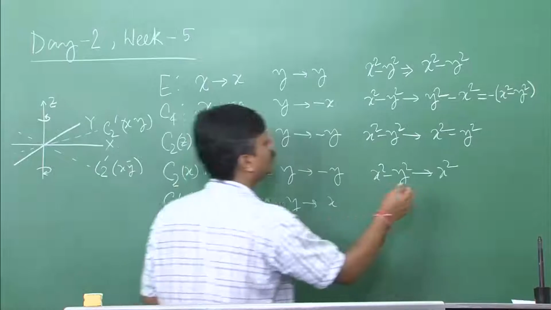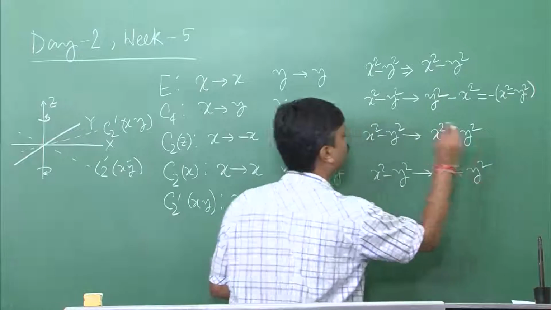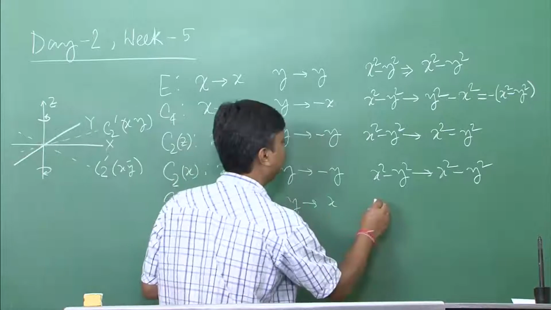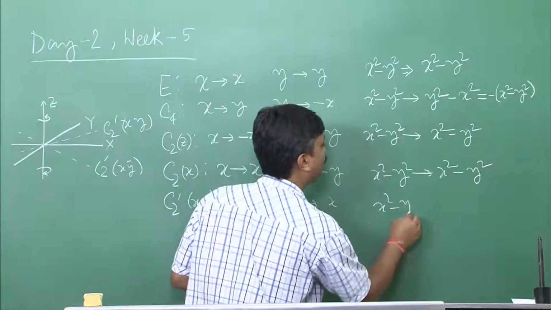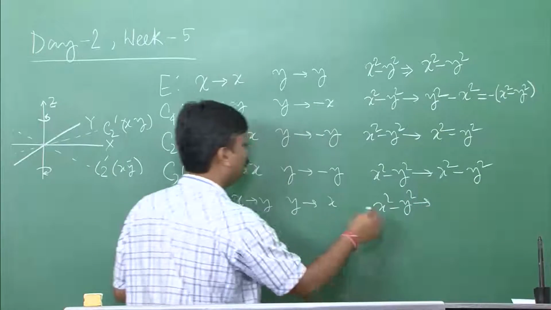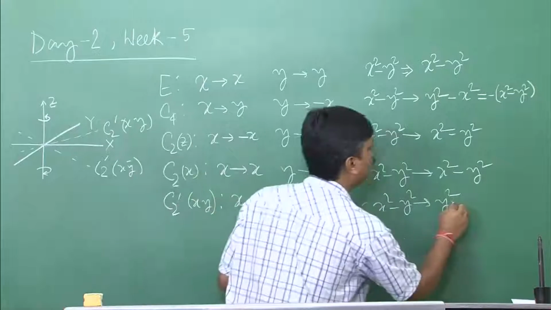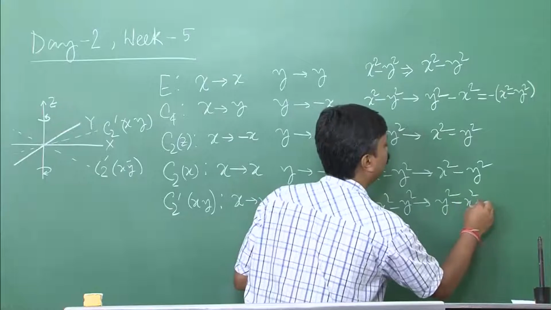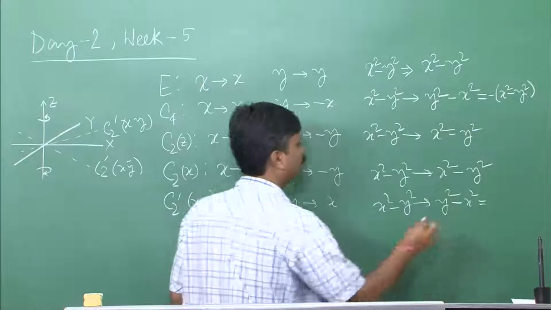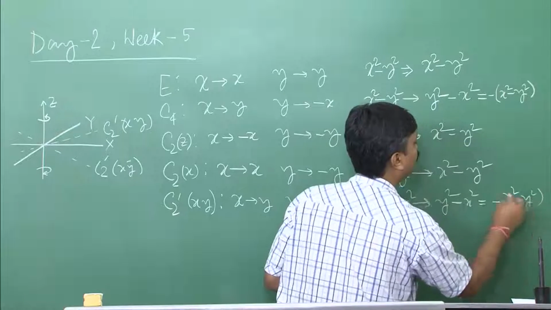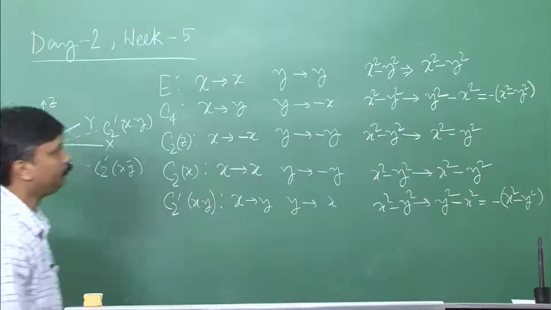And lastly, C2 prime: x is becoming y, therefore it is y square, and y is becoming x, so minus x square, which equals minus x square minus y square. All right.